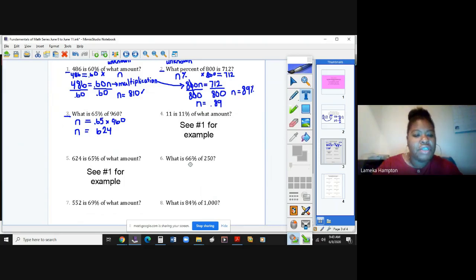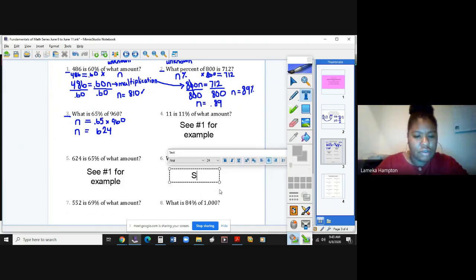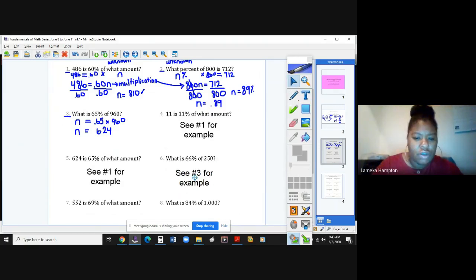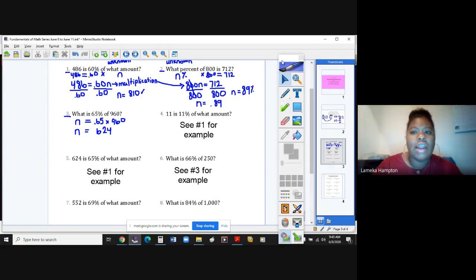Number 6, what is 66% of 250? This is the same as number 3. So I'm going to put see number 3. You're going to see number 3 for an example on how to solve it.